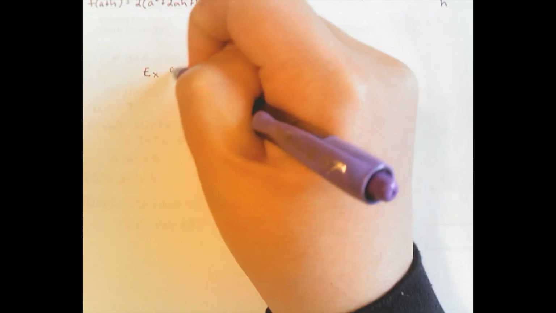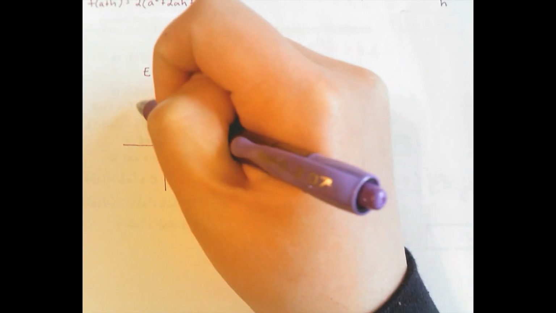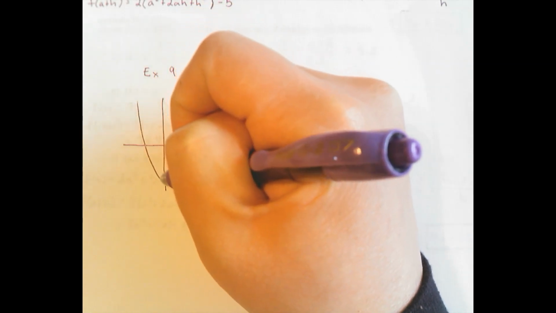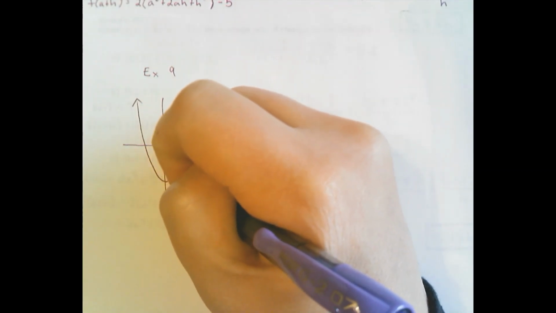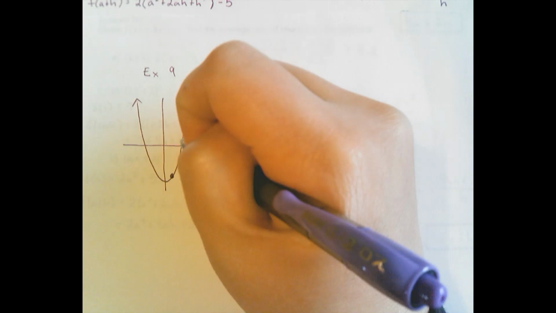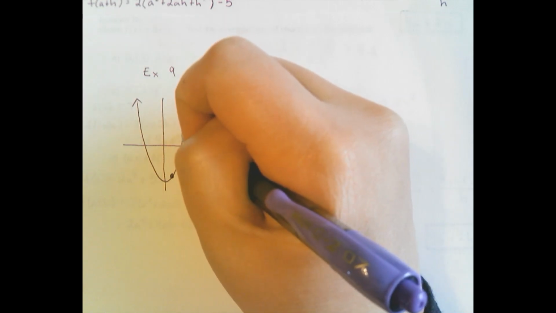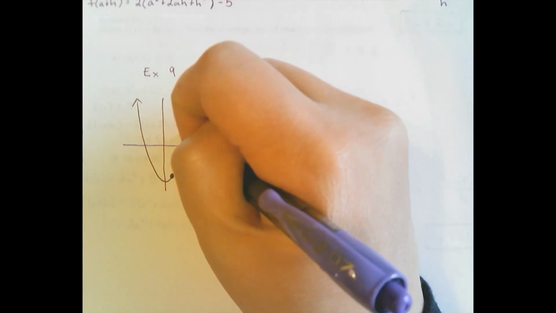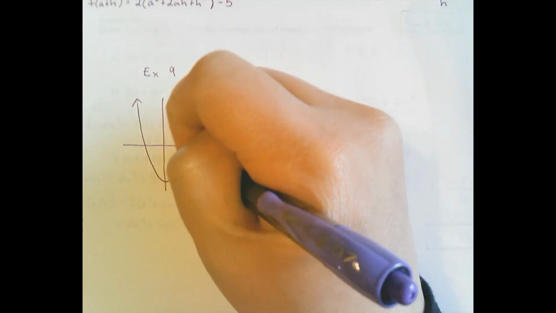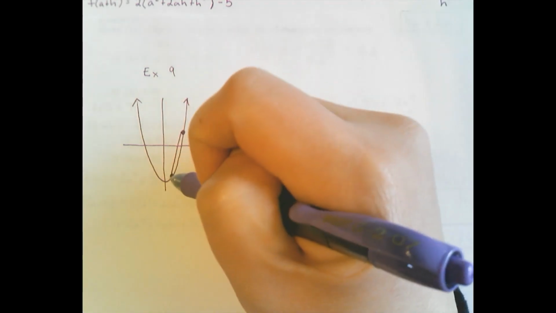So, in example 9, we had the equation 2x squared minus 5, which is a parabola that's been vertically stretched and shifted down 5. And I was asking the question, what is the slope from 1 to some arbitrary other location? Maybe it was 1 to 2, or 1 to 1.5, or 1 to 1 plus h.